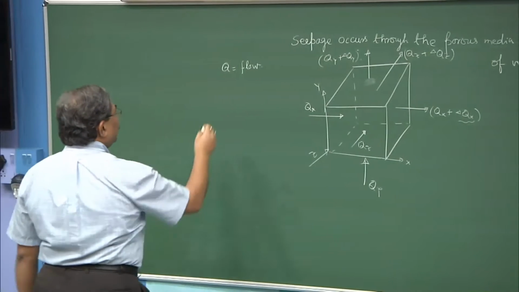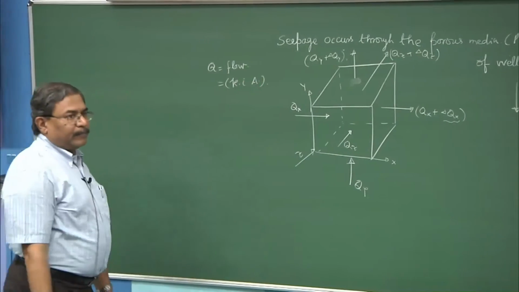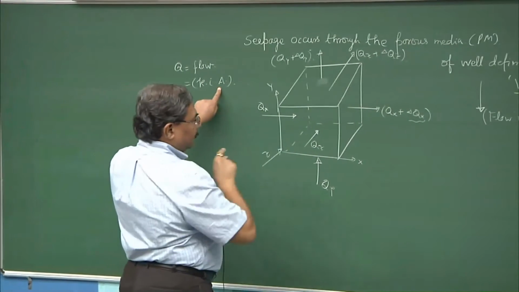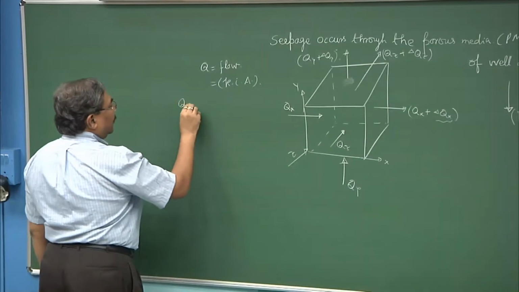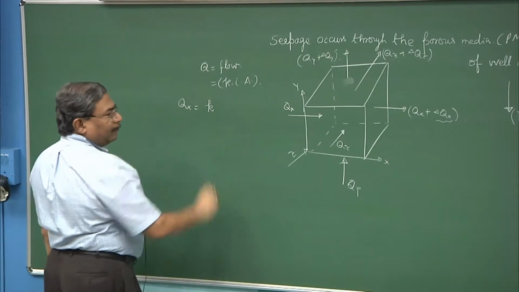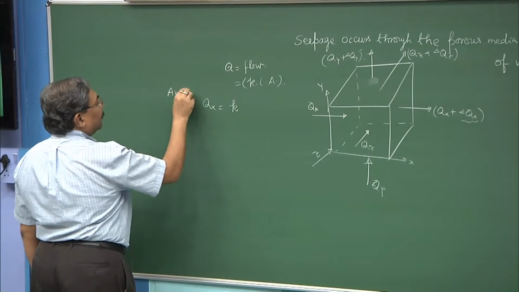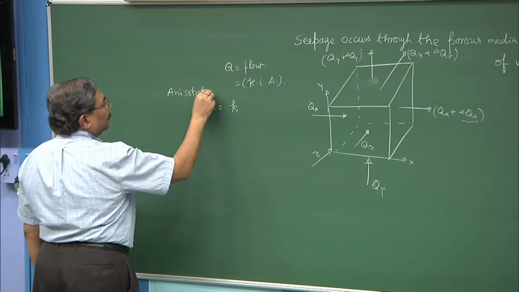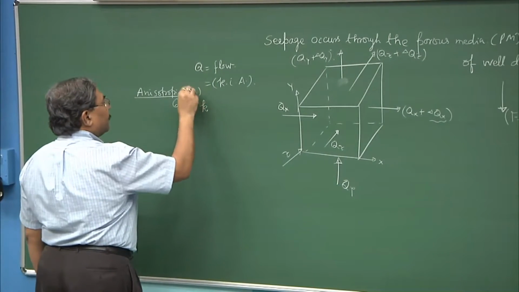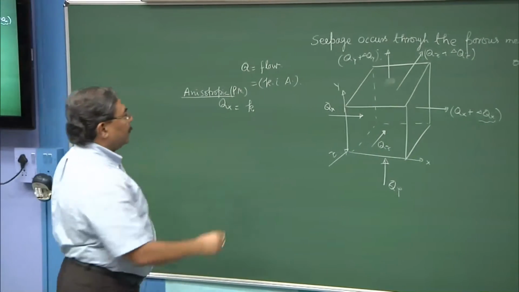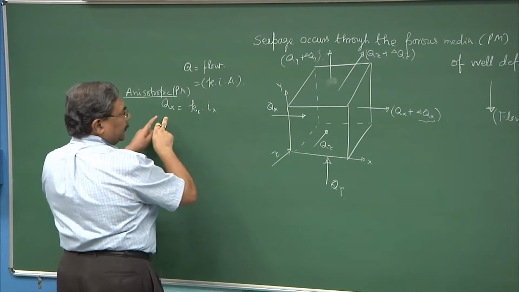Now, I know that Q is equal to K into i into A, where A is the area of cross section across which the flow is taking place. So, it is easy to write Qx, and if I consider the soil mass to be anisotropic, so let us generalize the situation, anisotropic porous media, Qx will be equal to Kx into ix into the area through which x is flowing.